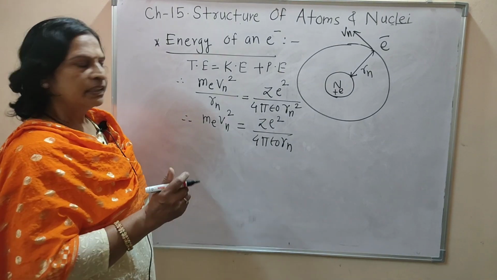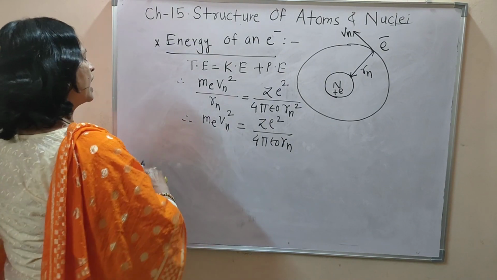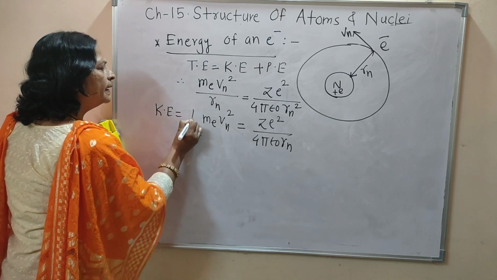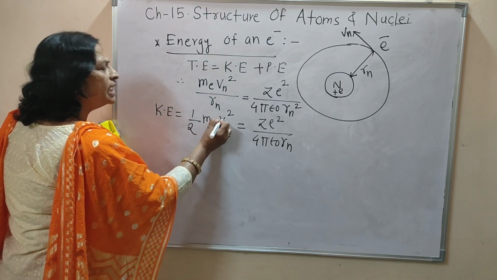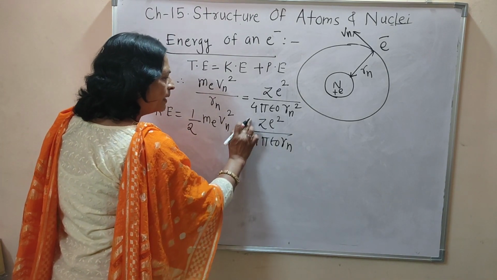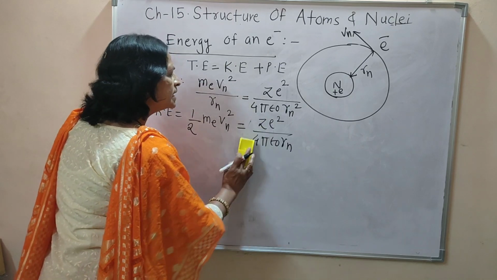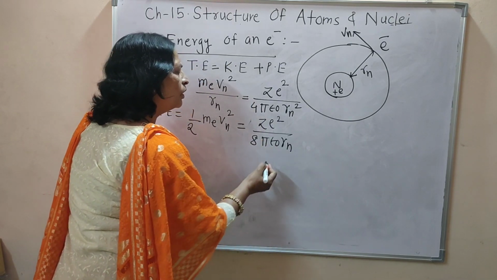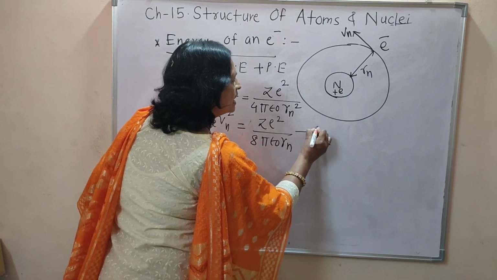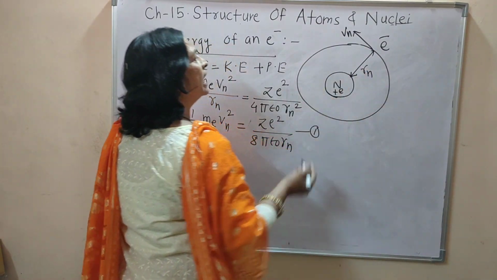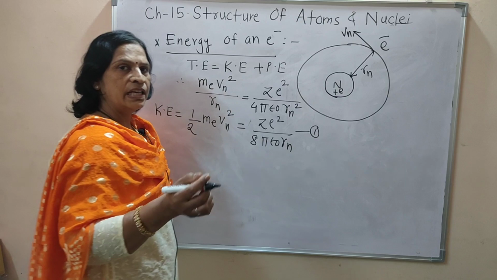Now we know that the kinetic energy is half me Vn square, and if we multiply this term with half, it becomes Ze square divided by 8 pi epsilon naught Rn. This is equation 1, and it gives the kinetic energy of the electron revolving around the nucleus.